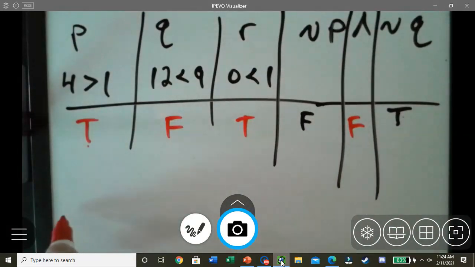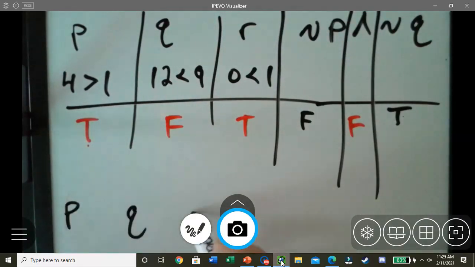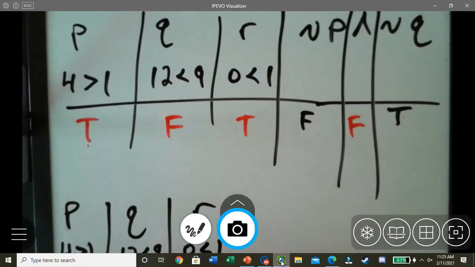So now we're going to look at P again, Q, R. 4 is greater than 1, 12 is less than 9, 0 is less than 1. 4 is greater than 1 is true. 12 is less than 9 is still false. 0 is less than 1, is that true or false?